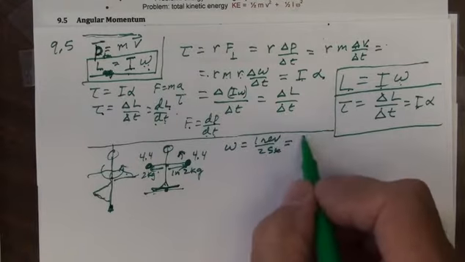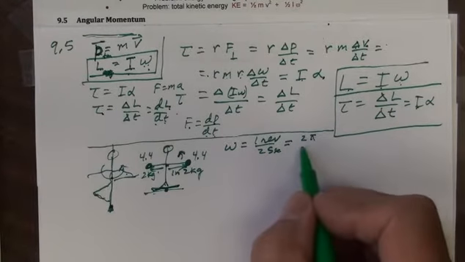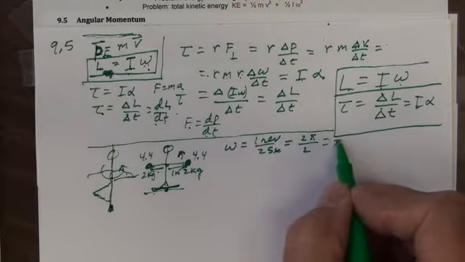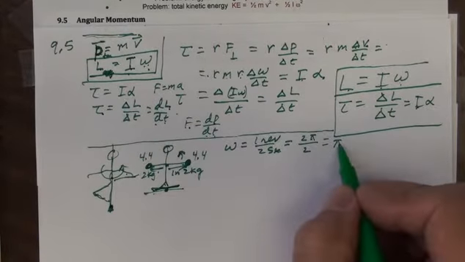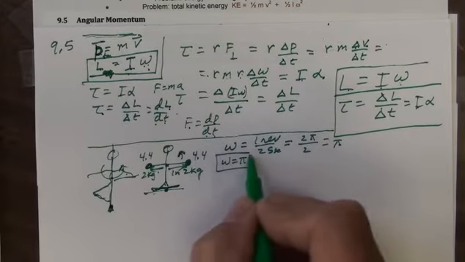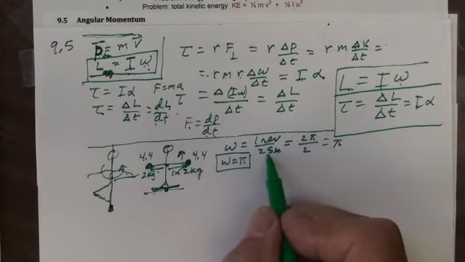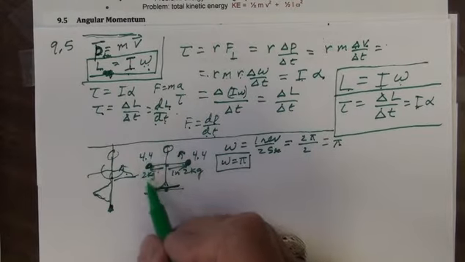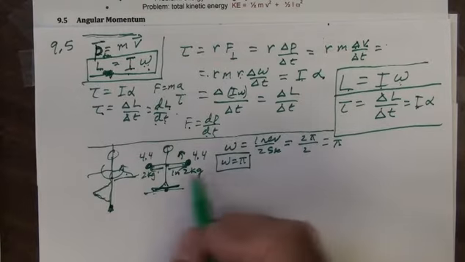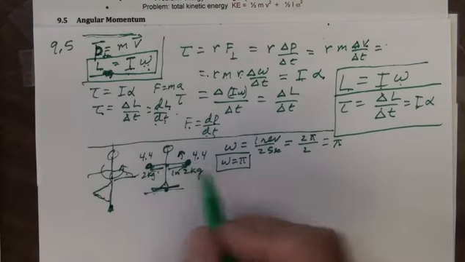A revolution is 2 pi radians. We're going to divide that by 2 seconds. So it means that our angular velocity, omega, is equal to pi for a person who is rotating around so that their right arm goes around 1, 2. It's pretty rapid.